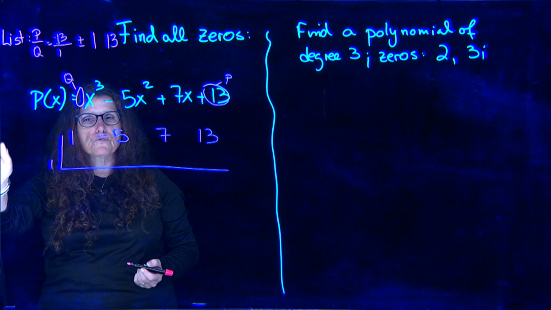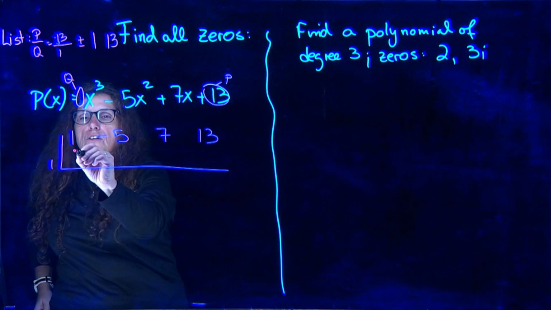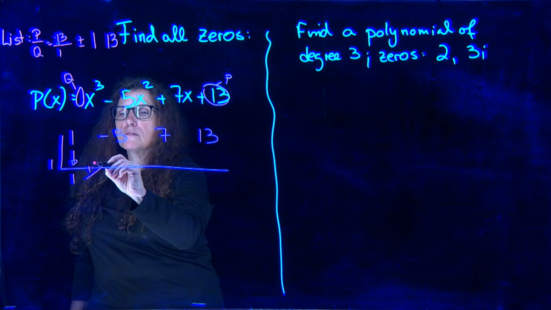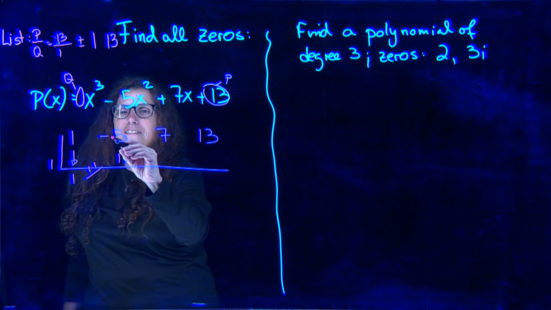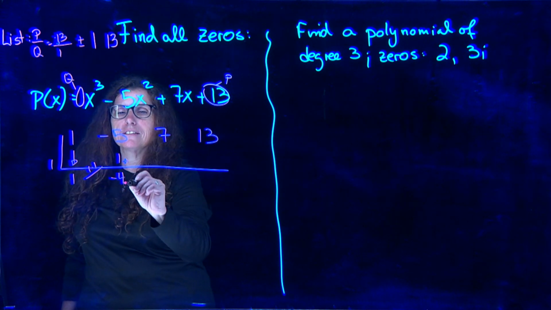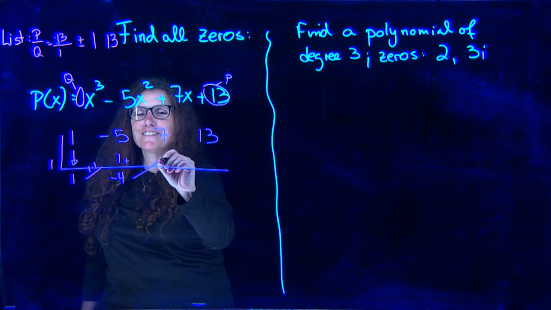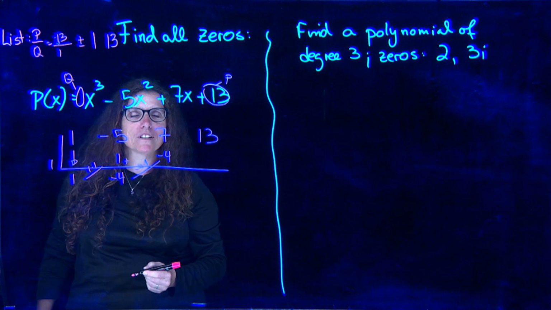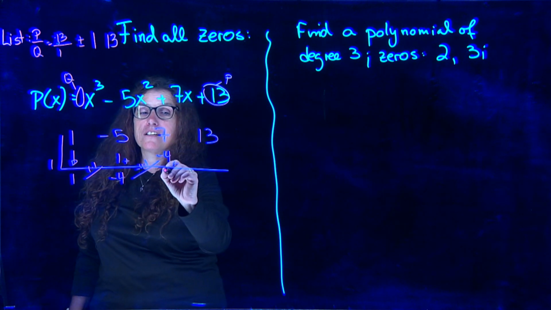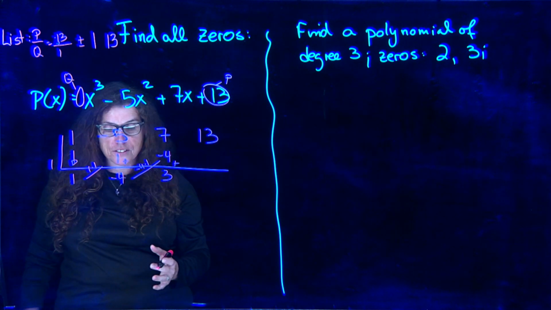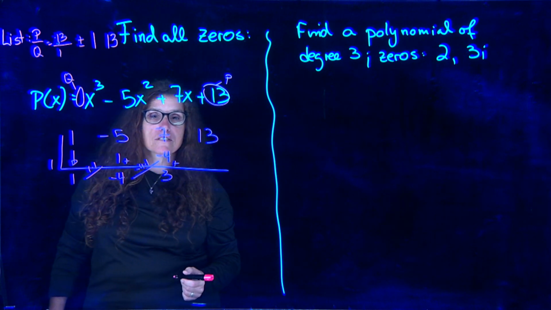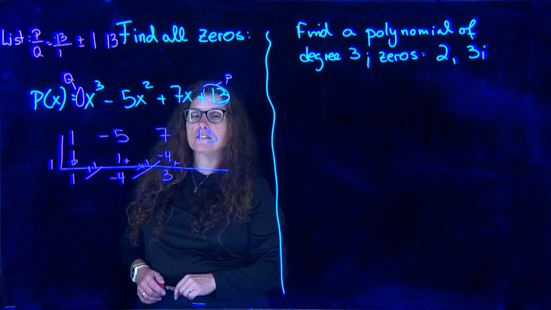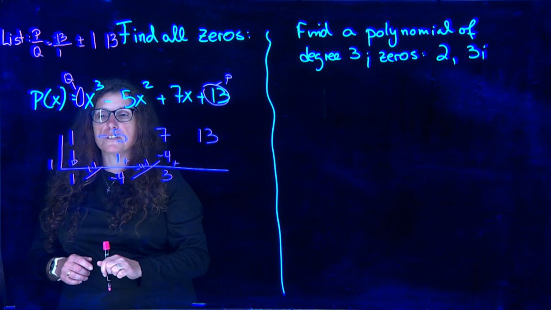So let's start with 1 and see what happens. You always bring down the first coefficient. 1 times 1 is 1, plus a -5 is a -4. -4 times 1 is a -4, plus 7 is 3. I can already stop here because I can see that I do not get a remainder of 0.